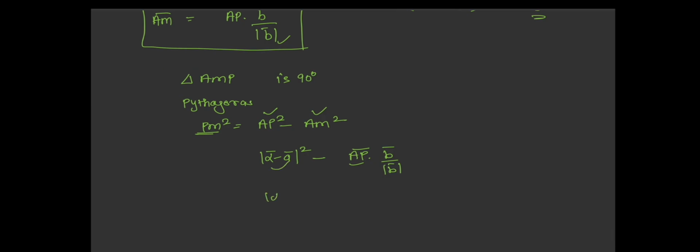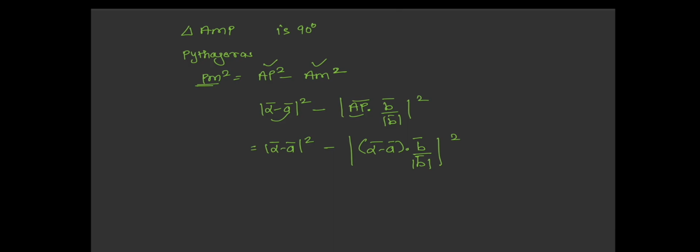So we can say alpha minus a bar square minus, what is AP? AP is alpha minus a, and since we are taking a dot product, we will not take its magnitude but we will take its vector, and we will take a dot product with b bar divided by magnitude of b bar, and we have our square here. So this is our formula, but we need PM.